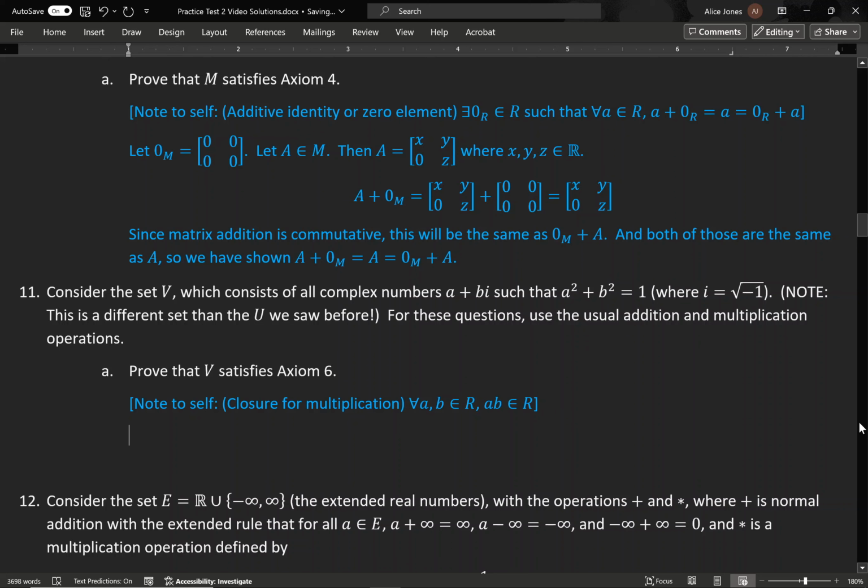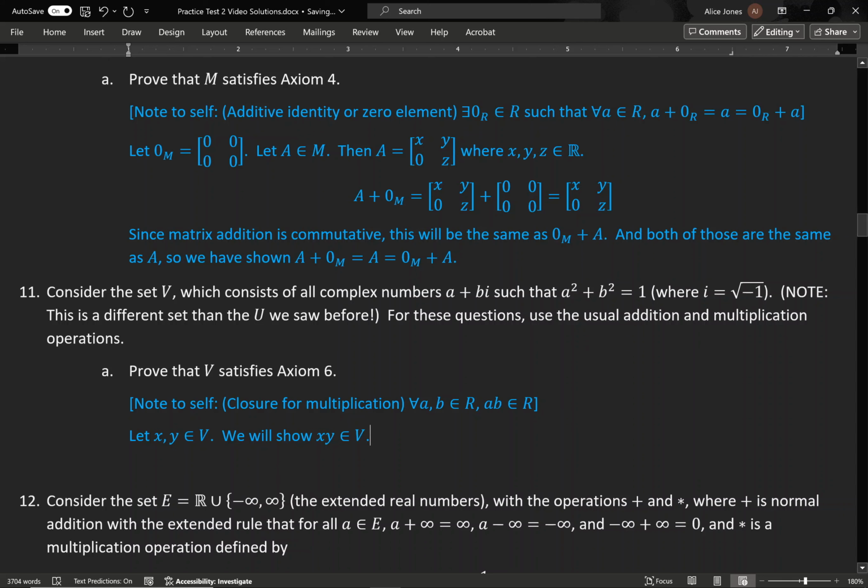Anyway, I'm going to start off by letting A and B... actually, I don't want to call them A and B because A and B were already used in the problem statement up here. So let me call them x and y instead. I'm going to let x and y be in this set V. And then my goal here is, we will show xy is in V also.